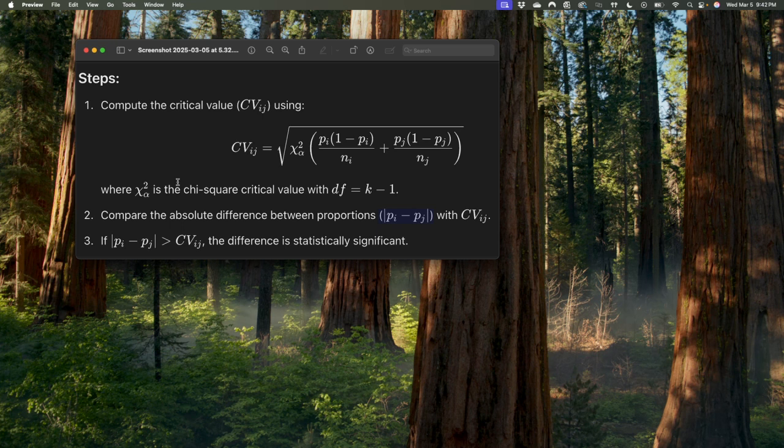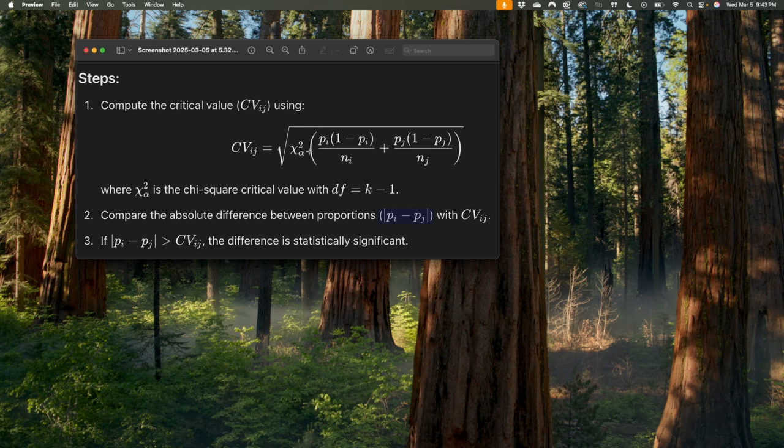The first is to find the critical value, denoted as CVij. I and J alternate between the proportions: P1 and P2, P1 and P3, P2 and P3. That's how your I and J alternate.